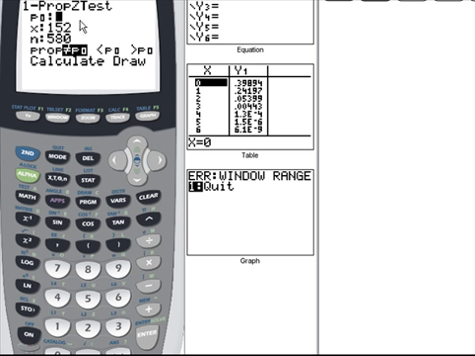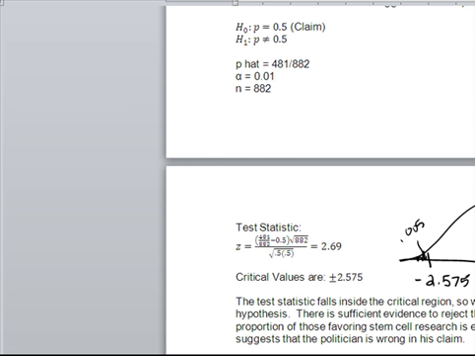So that was the one the politician came up with. And our numbers, let me take a quick look back: 481 out of 882.